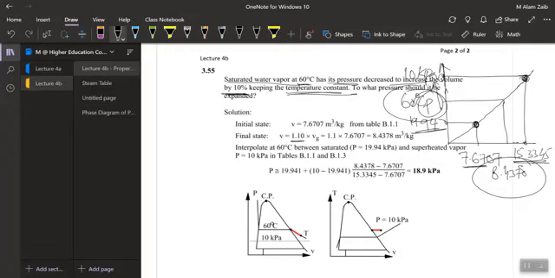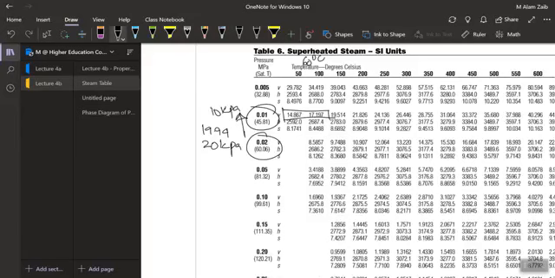What's a little bit tricky about this question is that I said let's assume we know the volume at 10 kilopascal at a temperature of 60 degrees. But if you look at the steam table itself, we do not have a column of 60 degrees centigrade at 10 kilopascal. So on a rough side, first you have to find the volume at 60 degrees centigrade, obviously by interpolation between the two values.